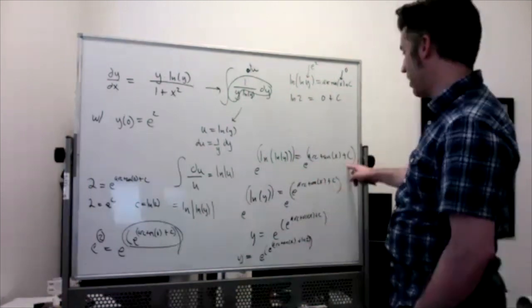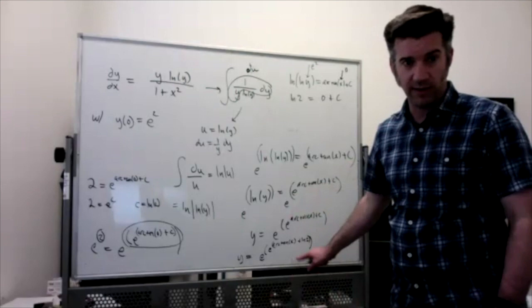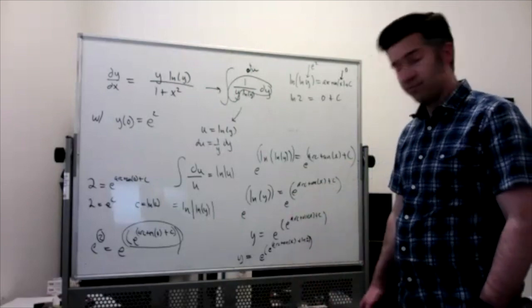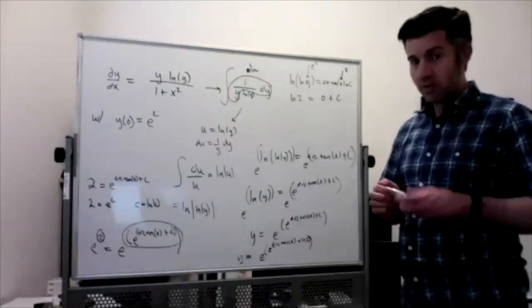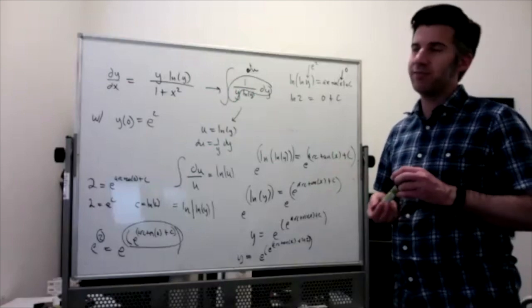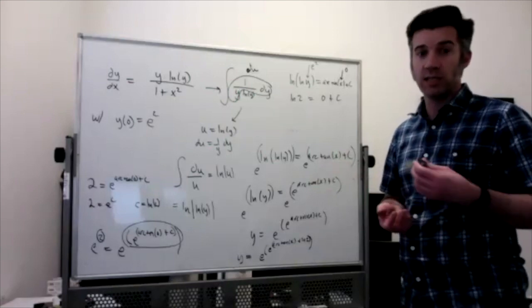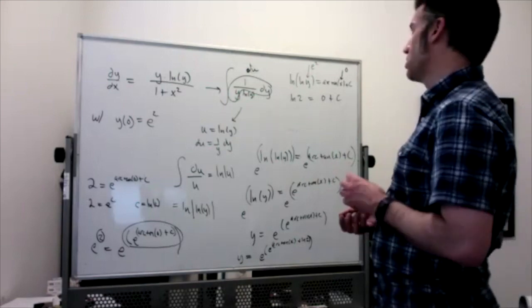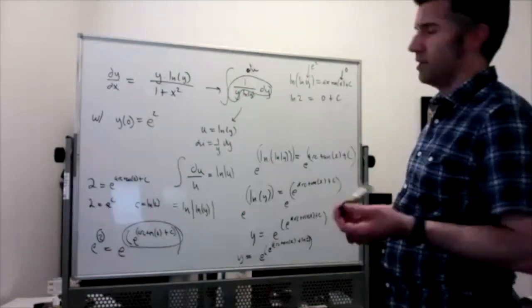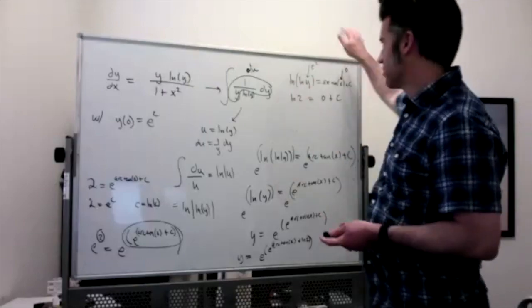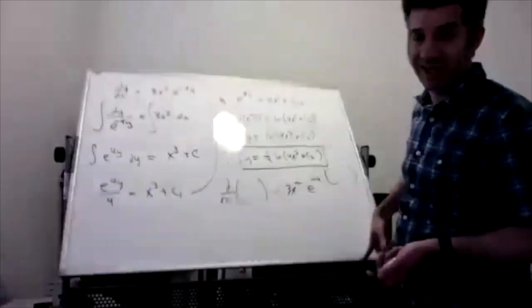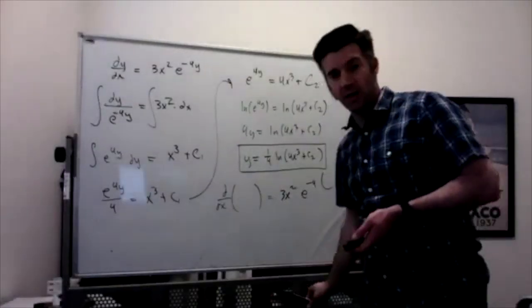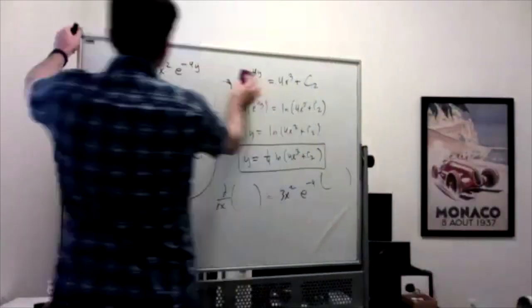So you could have had that there and then just carried it the whole way through to get the final answer here. So it really doesn't matter. Well, it matters a little when you decide to use your initial condition to find your c. Usually, it really depends on what your initial condition is, and it depends on what kind of differential equation you have.